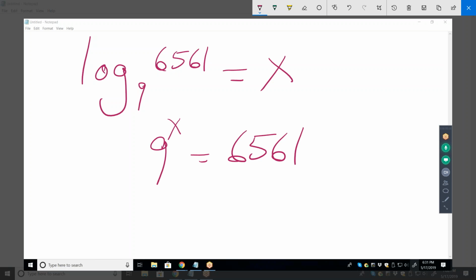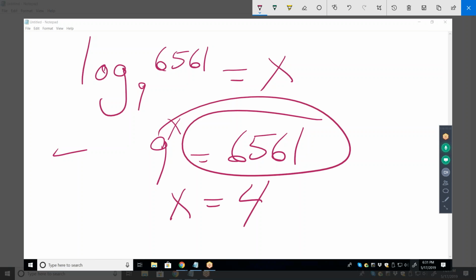There's only one way to solve that if x is an integer, and that's start taking powers of 9. You know it's not 9 squared. Try 9 cubed. If that doesn't give you that number, try 9 to the 4th. I bet you that gives it to you. So x equals 4. Why they would give you such a silly number like that, I don't know. Doesn't teach you a thing. Much better if I use 81.